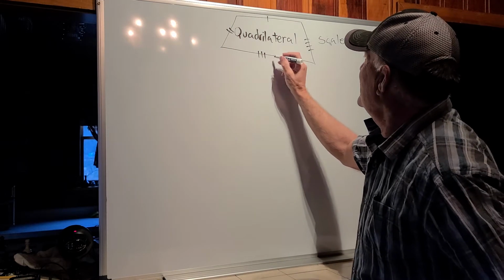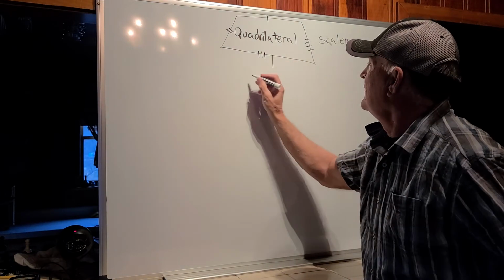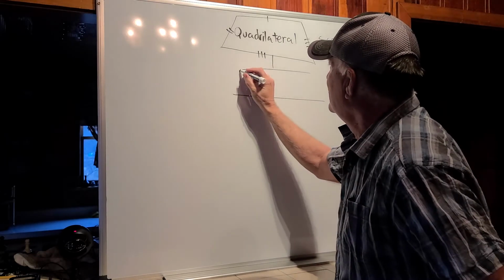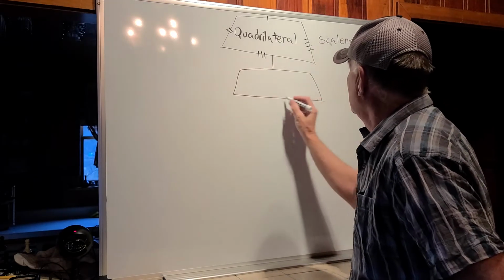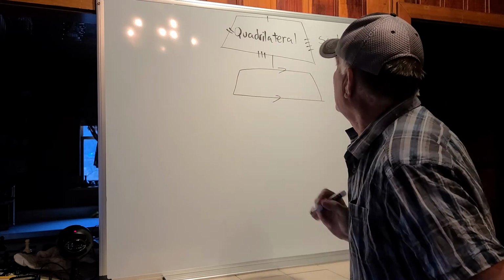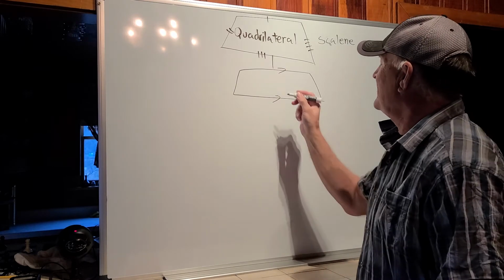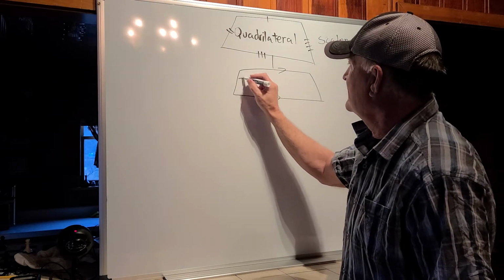The next, from there, we'll make it a little more complicated. We'll say we have one pair of parallel sides, and, well, that's all we know. We know that it has one pair of parallel sides, and that would be called a trapezoid.